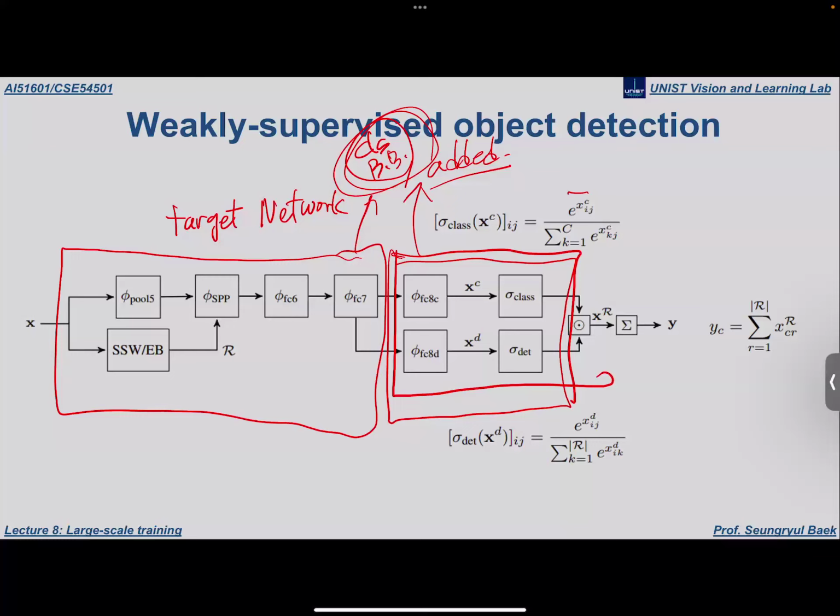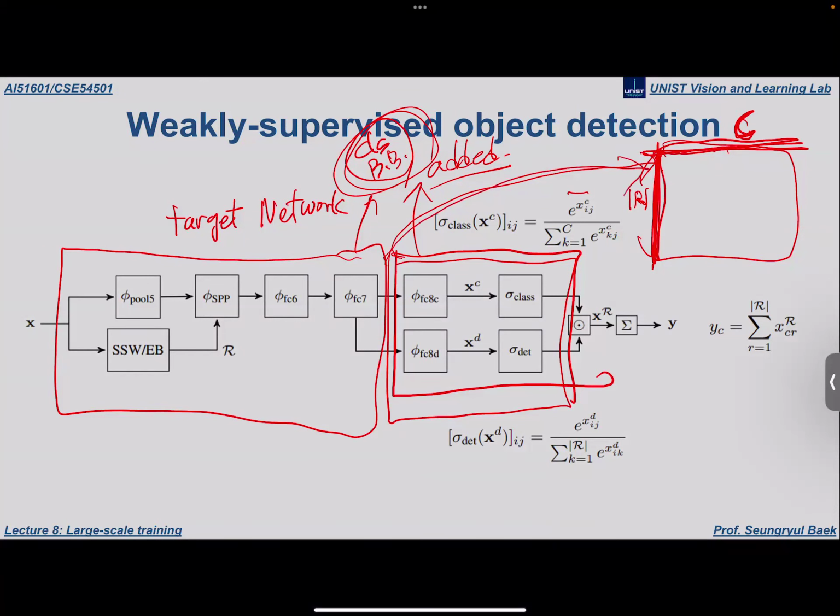So next thing they did is, at the end of this network, what they have is this kind of information. For R number of regions, this is indicating the number of bounding boxes, and this is indicating the C number of labels. So in the last layers of the object detector, we will have this kind of information.